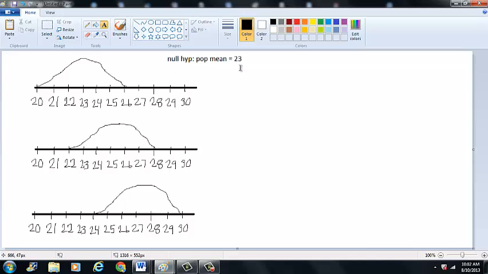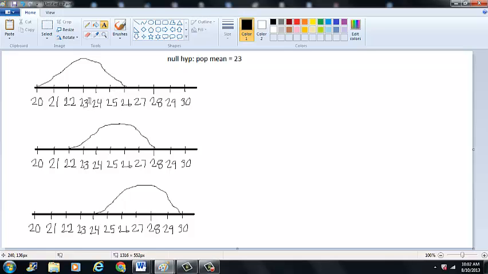If the population mean actually does equal 23, then our bell curve of possible samples will be centered at 23, and the highest stack of possible samples will be at 23, and the stacks of possible samples will be shorter once you get further away from 23 at both ends, meaning you'll have fewer and fewer possible samples that will give you a mean further away from 23.